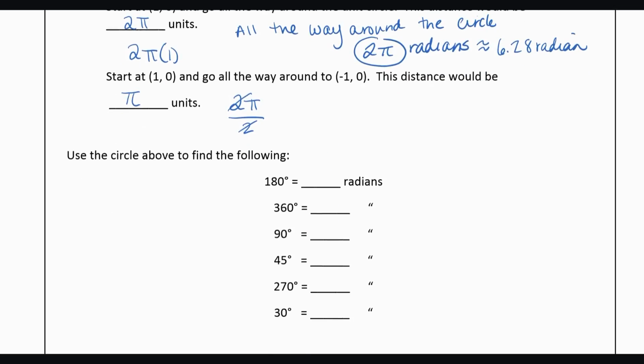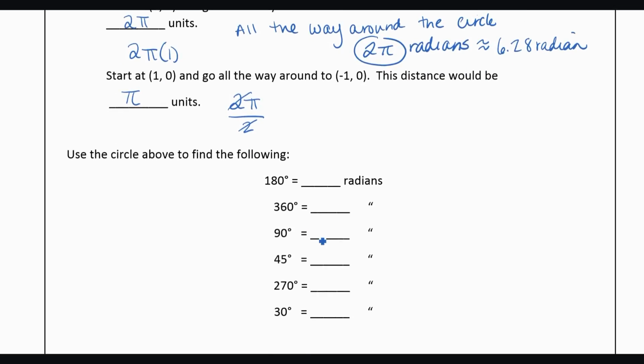Since we're used to degrees, 180 degrees is halfway around the circle, and we said that was pi radians. 360 degrees is the full way around the circle.